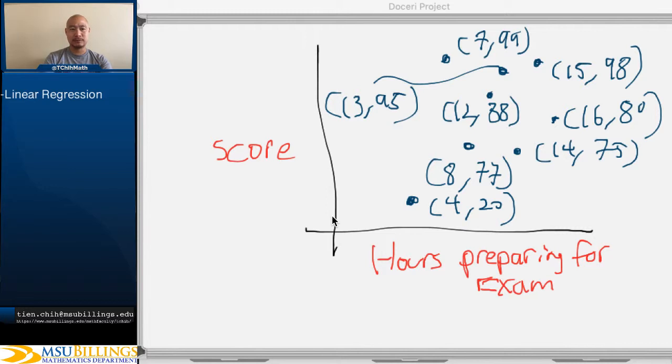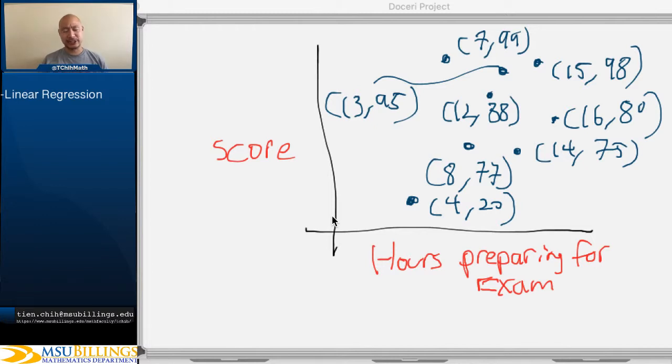And so, as a researcher or as a student in this class or as a teacher, you might look at this cloud of data and ask yourself two important questions. Question number one: can we predict, if a student studies, say, 10 hours, what their score is likely to be on this exam?